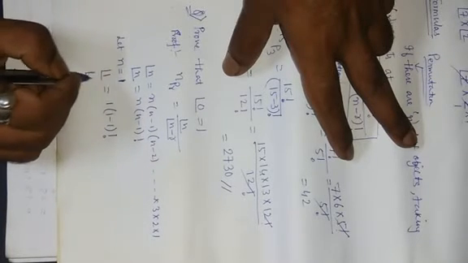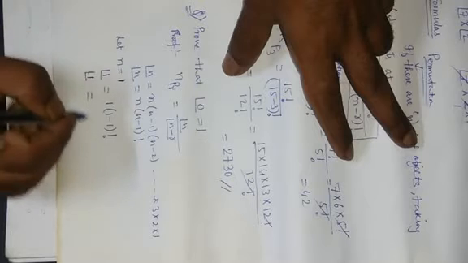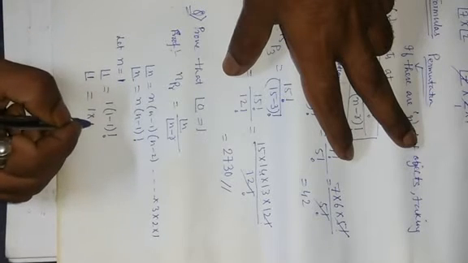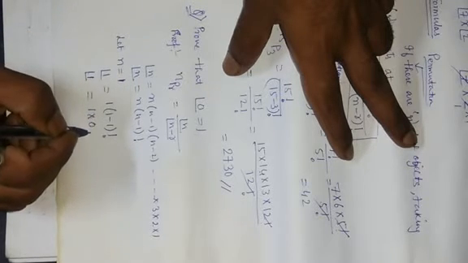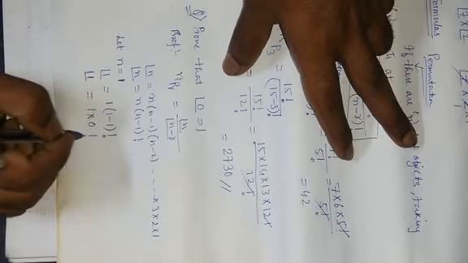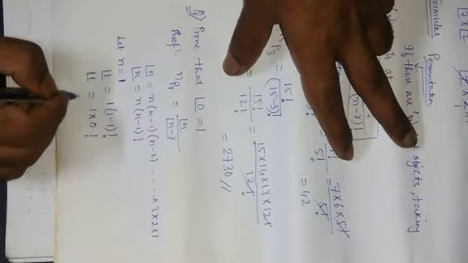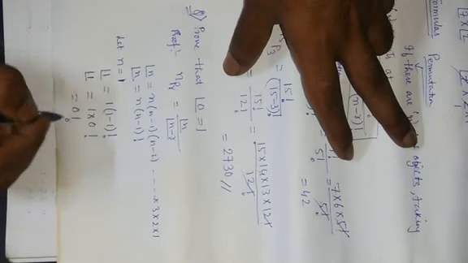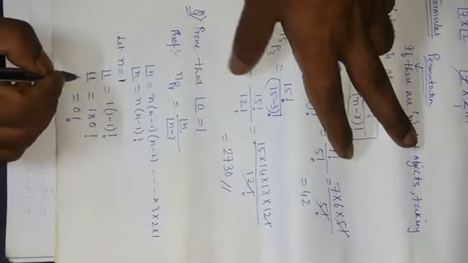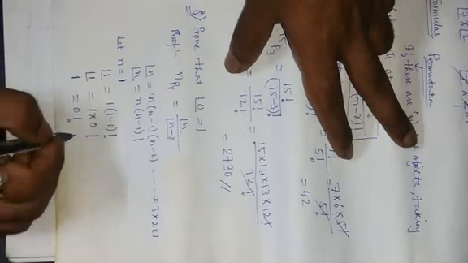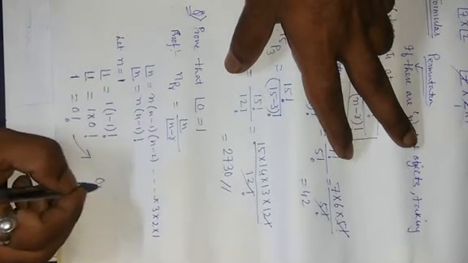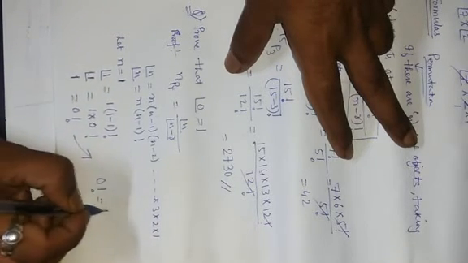So this will become 1 factorial is equal to 1 into 0 factorial. So 1 into 0 factorial is nothing but 0 factorial, and the value of factorial 1 is nothing but 1. So from here we come to know 0 factorial is equal to 1.